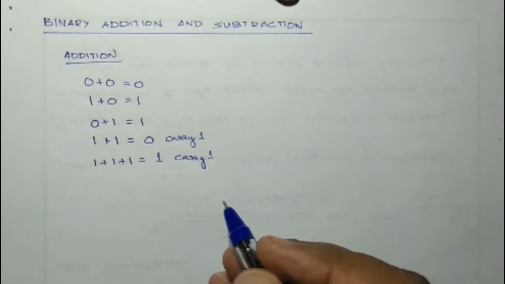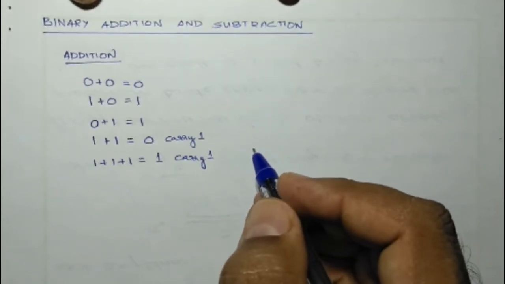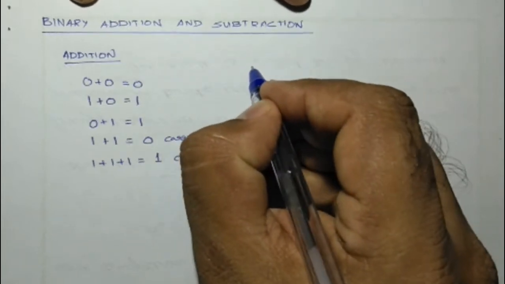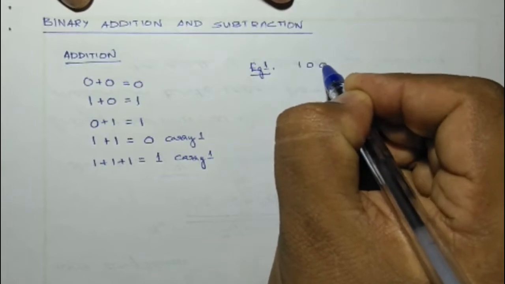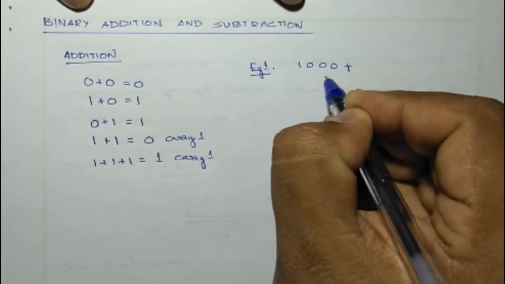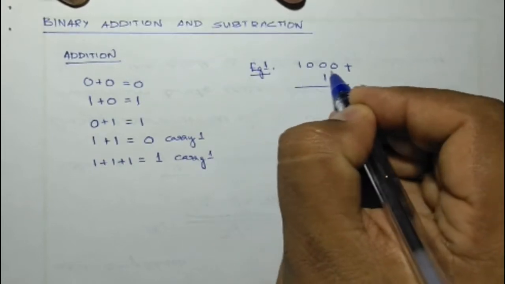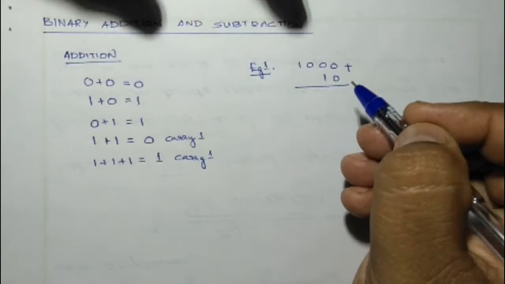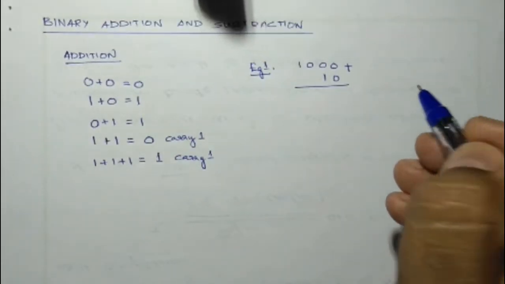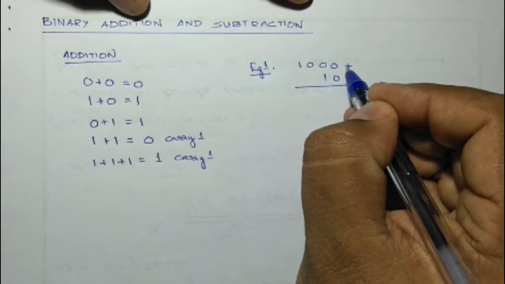Now let's start doing some examples. Let's start with a very simple addition. Example 1. Let's add 1 0 0 0 and 1 0. This is not 1000 plus 10. This is a binary number and this is another binary number whose values are different, and you know how to convert this binary number into a decimal number.